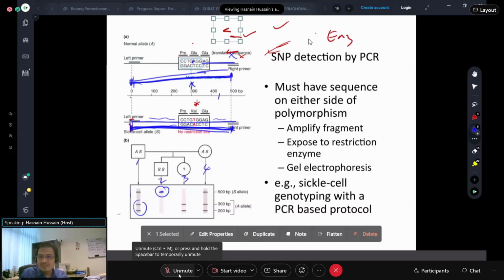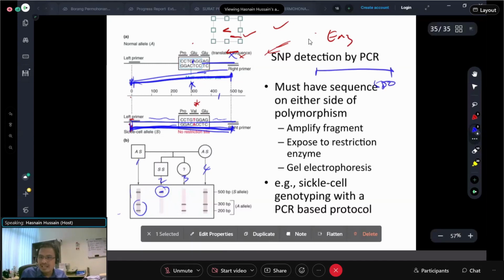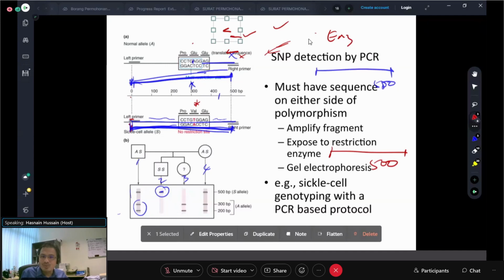Even if I have, in another story, 500 base pair from chromosome 1 and 500 from chromosome number 5, if I run on an electrophoresis gel, I will only have one band, because DNA electrophoresis is based on the length. So electrophoresis cannot tell 500 from chromosome 1 and 500 from chromosome 2, right? That is the concept behind electrophoresis.